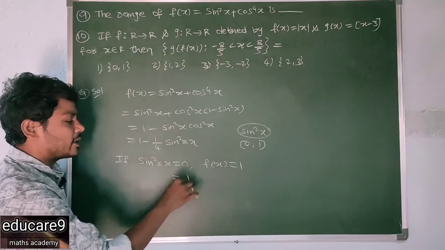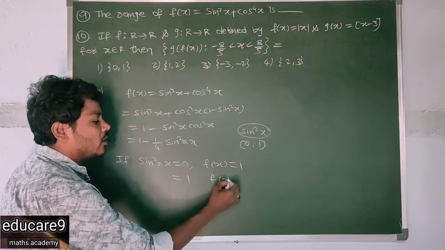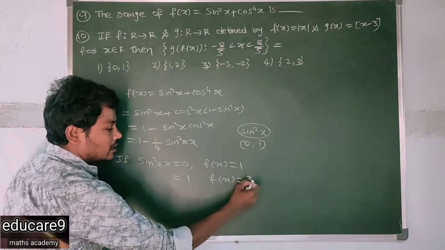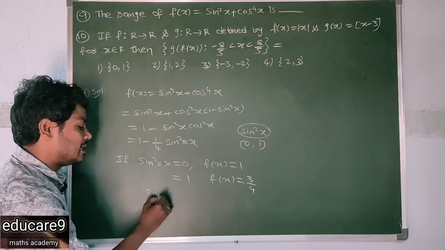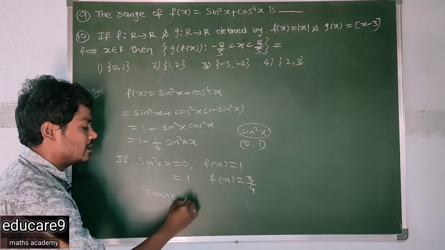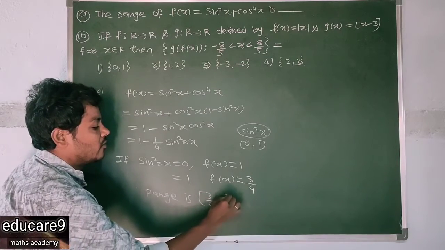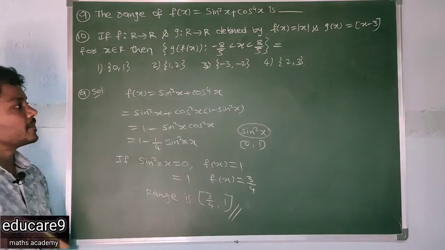If sin square 2x is 1, then what is the f of x value? 1 minus 1 by 4, that is 3 by 4. Therefore, the range is the closed interval 3 by 4 comma 1. This is the range of the given function.